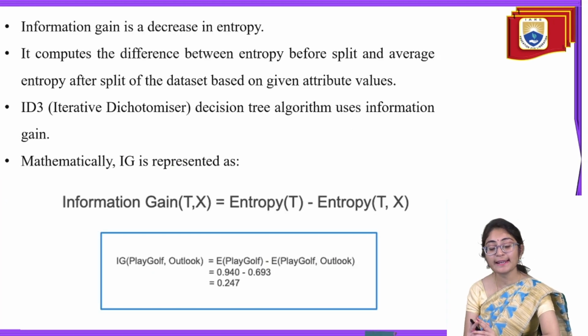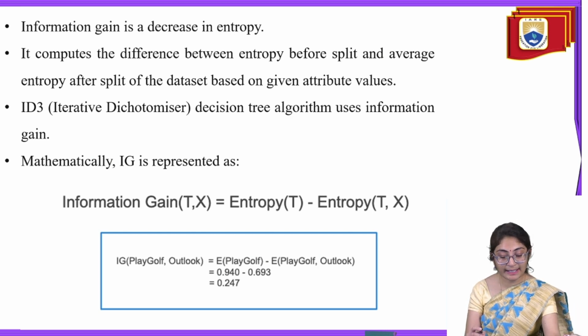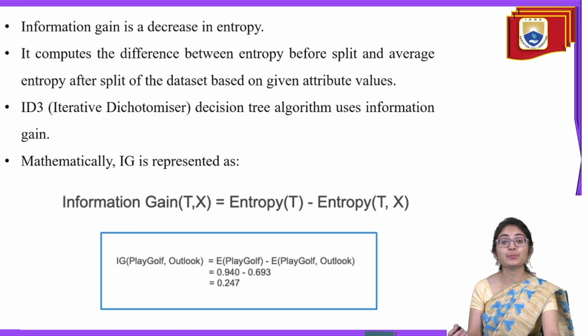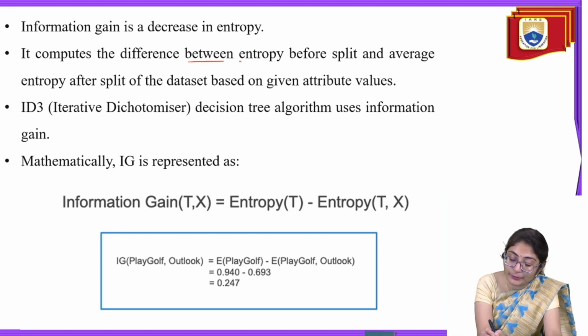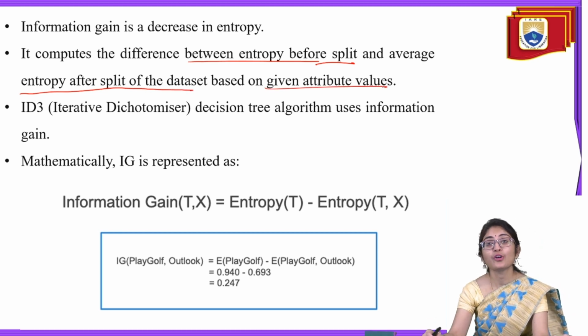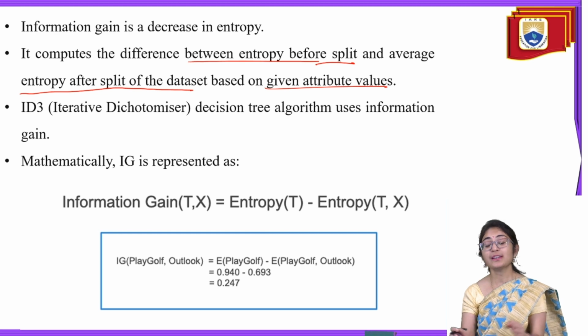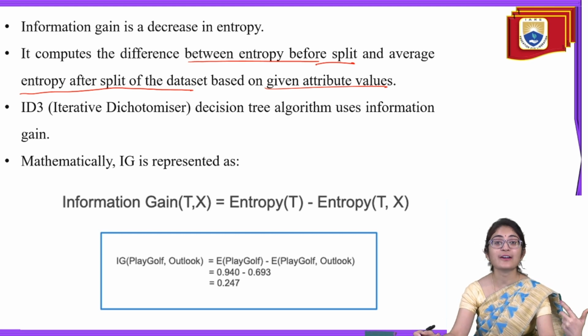Now, information gain is generally used to decrease the entropy, and it computes the difference between the entropy before the split and the average entropy after the split of the data set based on your attribute value. Whatever attribute values you have, on that basis you have to compute the entropy before the split and the average entropy after the split.